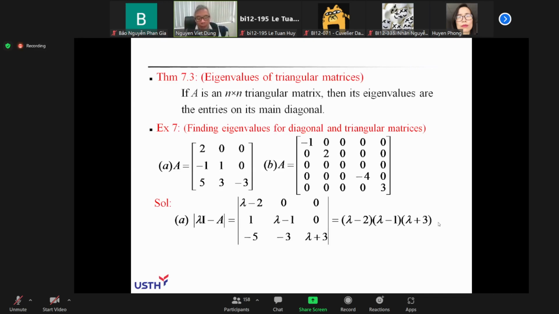And if we write down the characteristic equation, you will get the solution: lambda 1 equals 2, lambda 2 equals 1, and lambda 3 equals minus 3. So we have 3 different eigenvalues. The second case is very easy for you to verify, so I will not write down the calculation here.